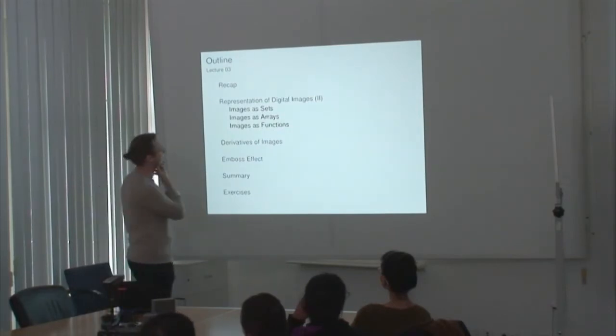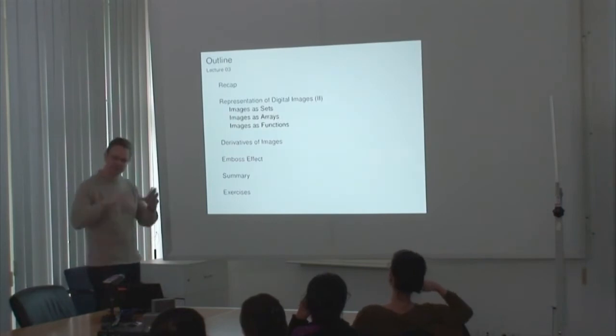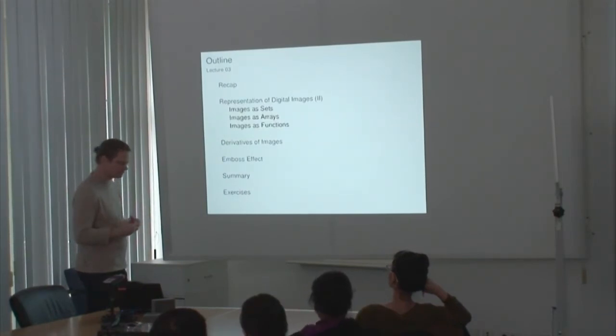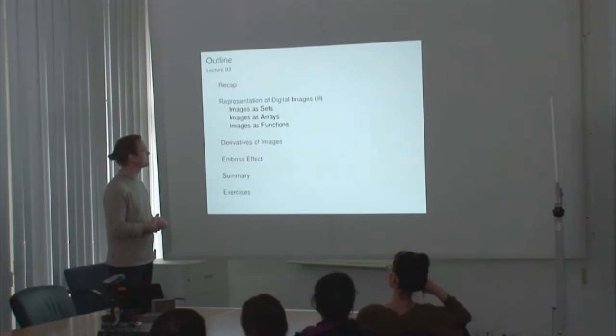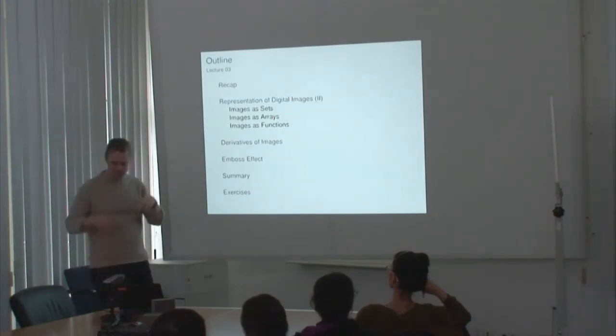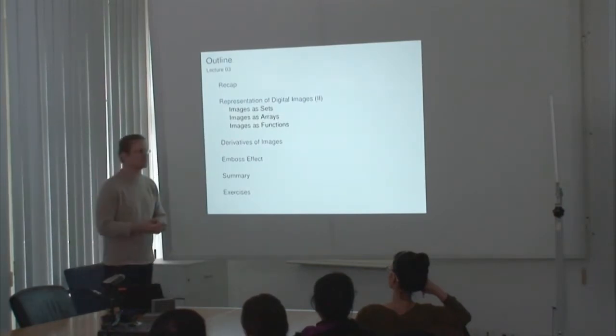Let's see what we are going to do today. At first, we will ever so briefly remind ourselves of what was discussed last time. And then we'll start with the first really important chunk of content of this lecture, namely the question of how we can think about digital images in the sense that we want to do something with digital images.